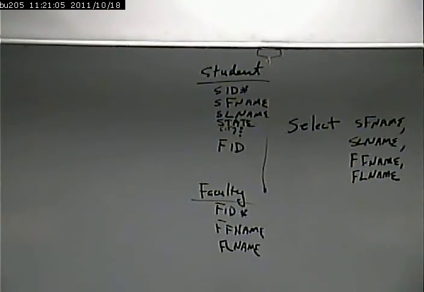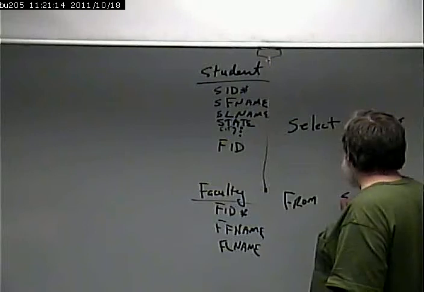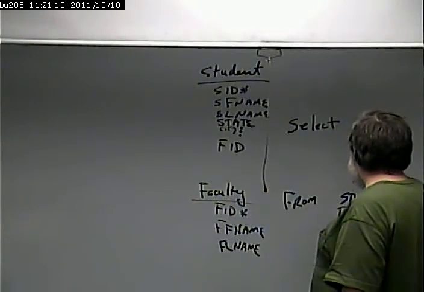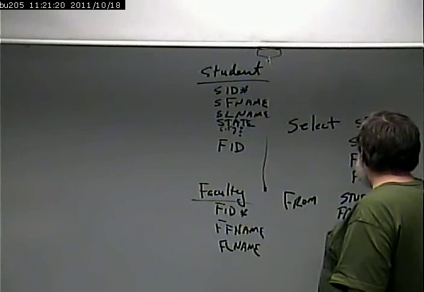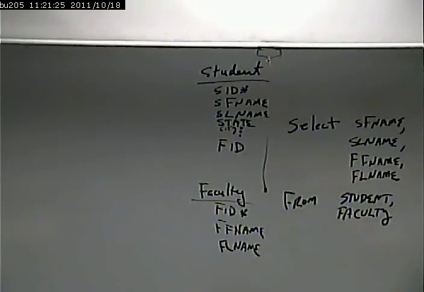So we can specify the columns that we want, regardless of the table that they come from. Then the from clause will include both the tables that we want to use.